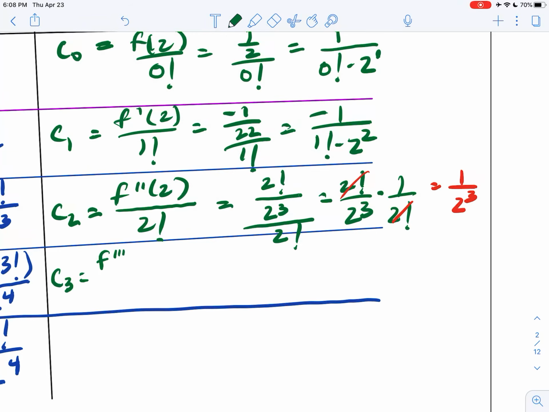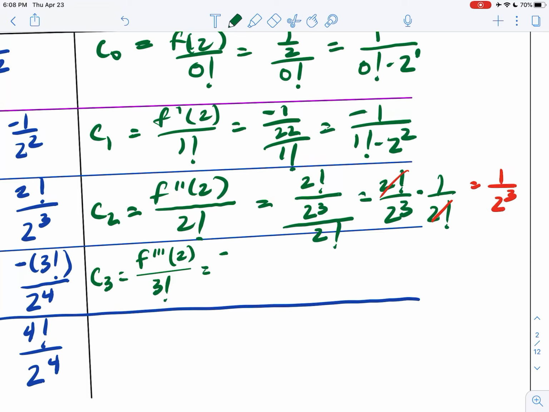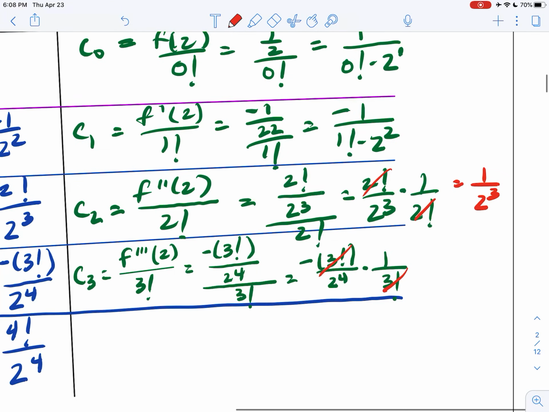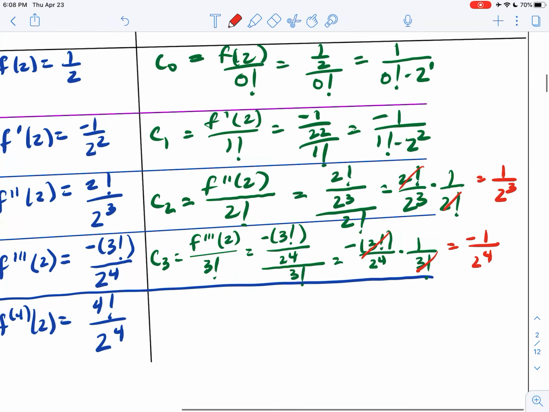C sub 3 is going to be the third derivative evaluated at 2 over 3 factorial, which is going to be negative 3 factorial over 2 to the fourth, but then divided by 3 factorial. Again, division of a fraction is multiplication by the reciprocal. And I see that I can cancel my 3 factorial, and I end up with minus 1 over 2 to the fourth.